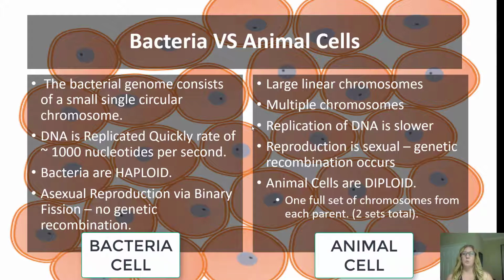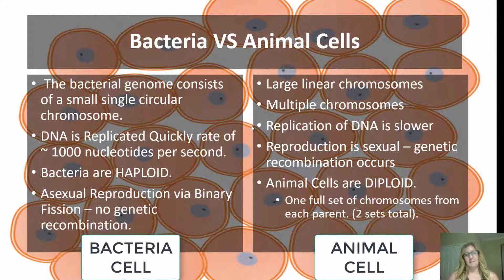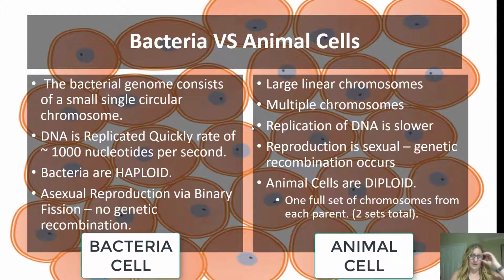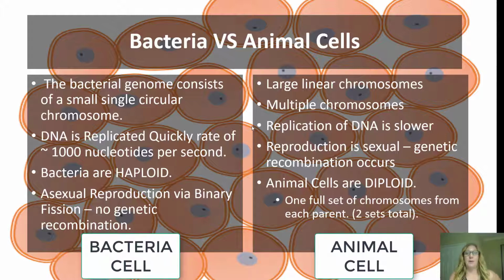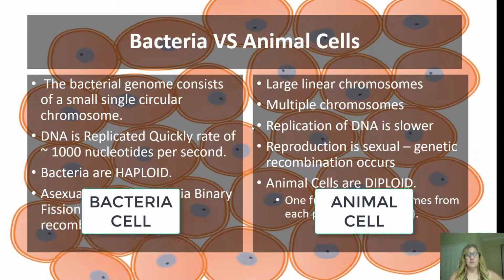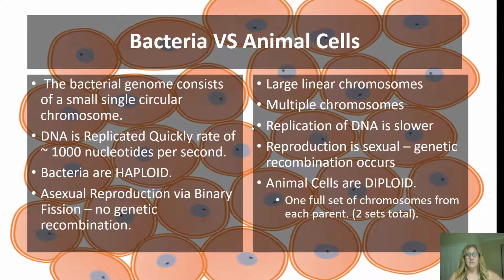So two sets total, that's where we get the di from, di meaning two. Whereas bacteria do not have two parents, they only have one. Bacteria are haploid. They reproduce by a process called binary fission, which induces no genetic recombination, so they are just producing clones.